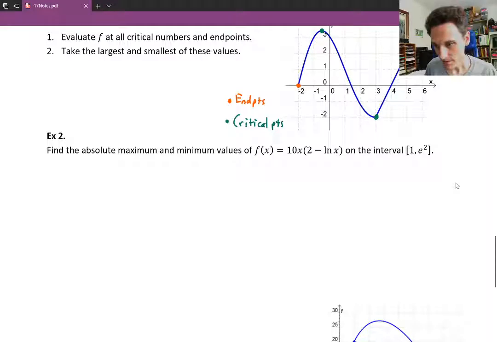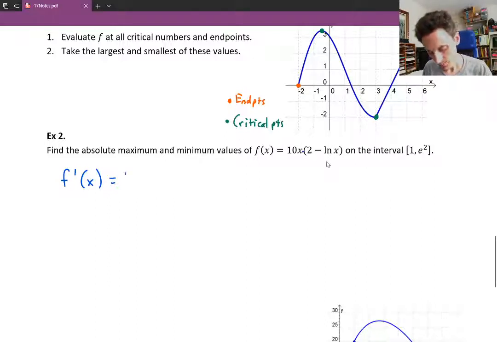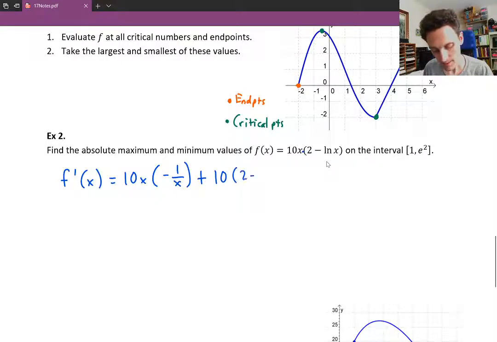All right, so we're going to first find the first derivative. We need to do that so we can find the critical points. And the first derivative here is going to involve a product rule. So we've got the product of these two functions. Here's the first times the derivative of the second, which will be -1 over x, plus the derivative of the first, which is 10, times the second, which is 2 minus ln x.